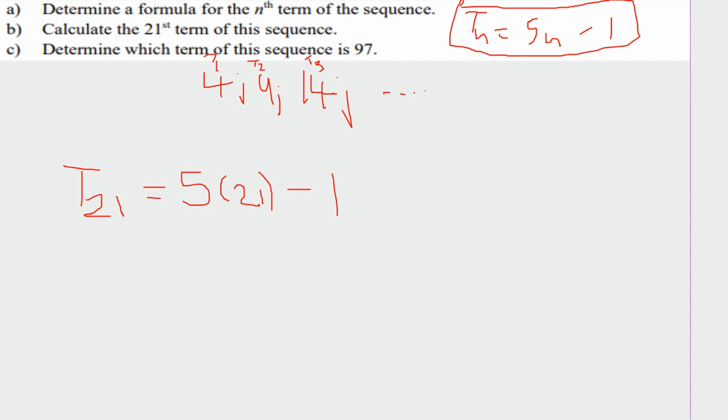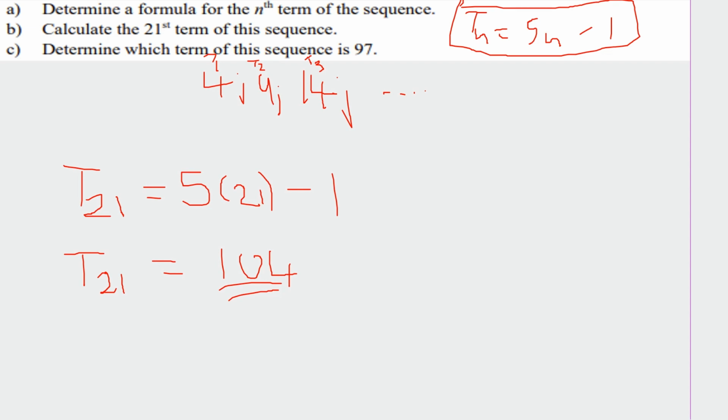And therefore T21 says term number 21 will have the value of 5 multiplied by 21, subtract 1. It will have the value of 104. That is how you answer number B.